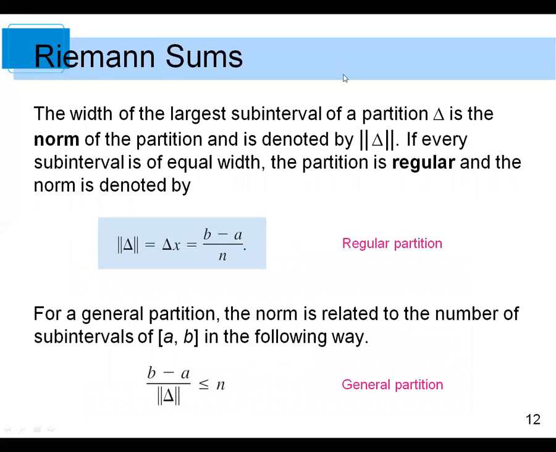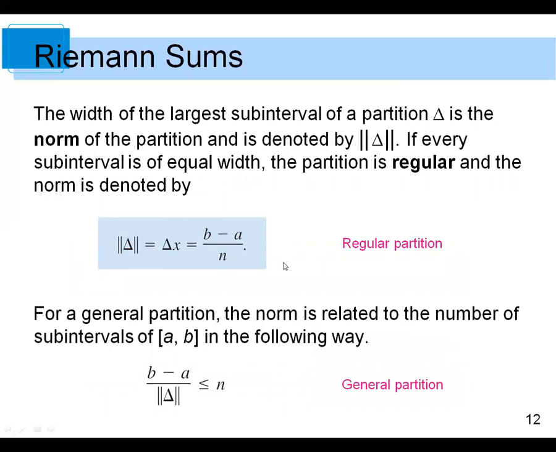The width of the largest subinterval of a partition is called the norm of the partition and is denoted with a little triangle with 2 vertical bars around it. If every subinterval is of equal width, the partition is said to be regular, and the norm is equal to delta x, which is our normal definition, b minus a over n.